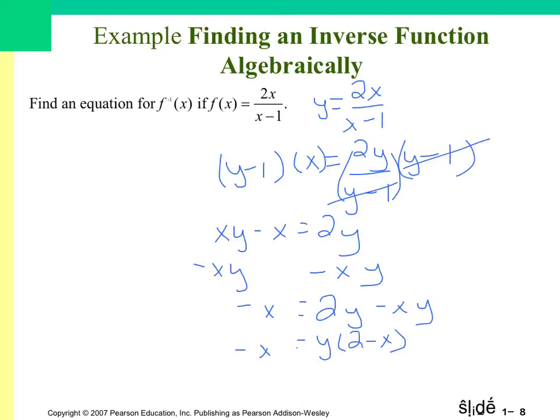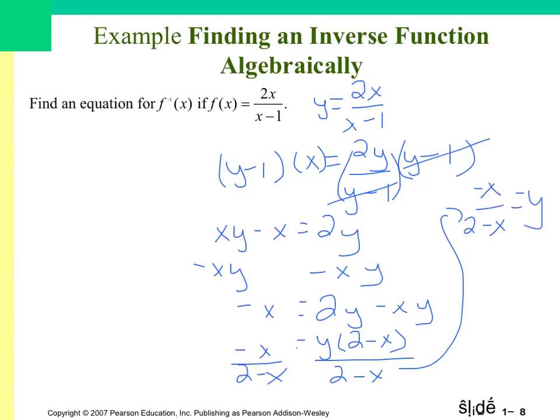And then divide. So you get negative x over 2 minus x equals y.